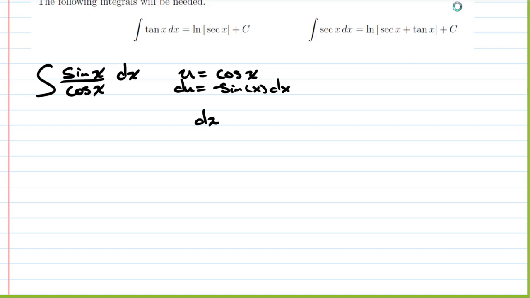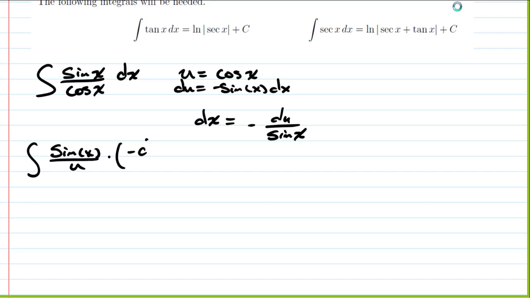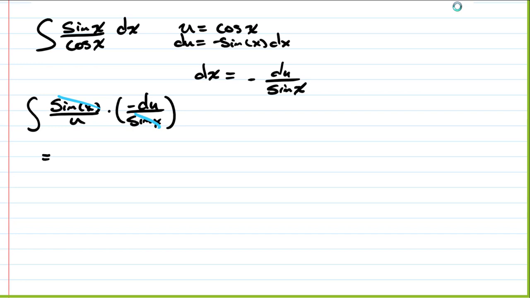So then dx is negative du over sine x. And if we put all of that into our integral, we get sine x over u times negative du over sine x. Our sines reduce out, and we are left with the integral of negative du over u.